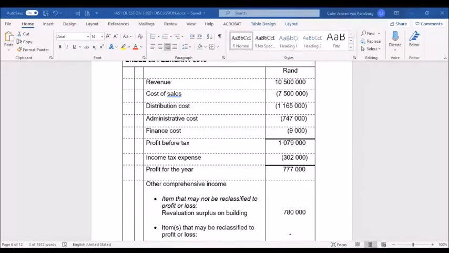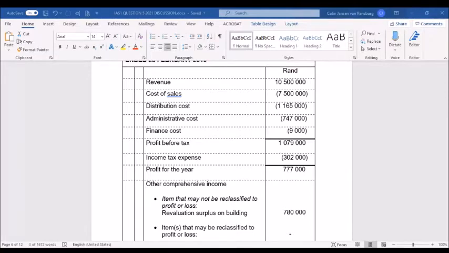Ahmed, I will answer your question now. Remember, when we draw up our financial statements, our statement of comprehensive income and the notes, we do not have a debit or a credit side, right? So we've got to indicate on this statement, the statement of comprehensive income, all our incomes as positives and all our expenses in the case of the nature method, or all our costs in the case of the function method, as negatives.